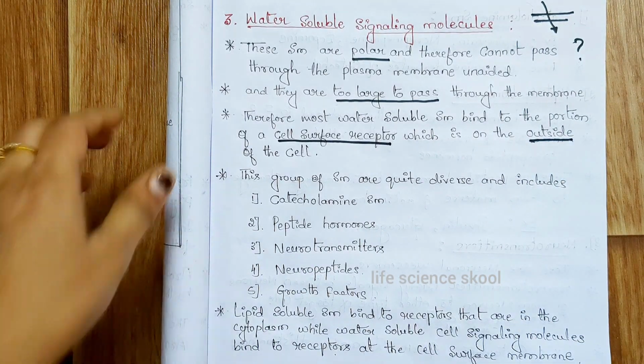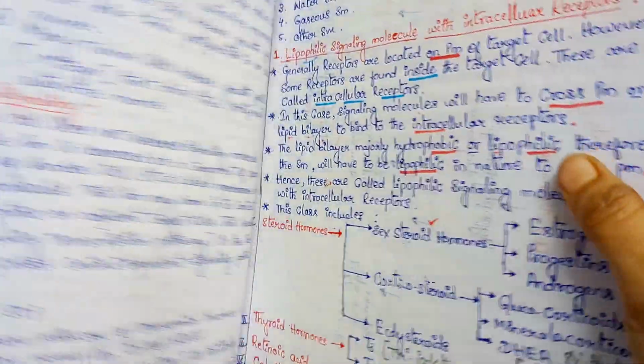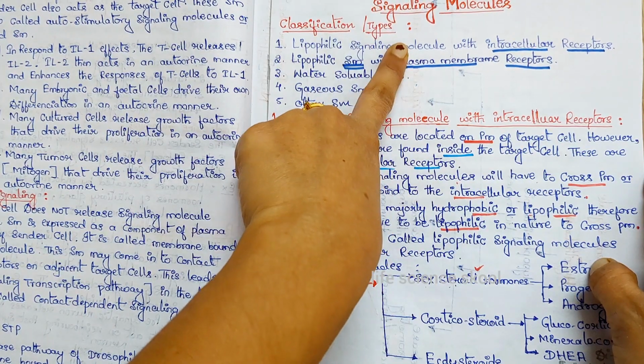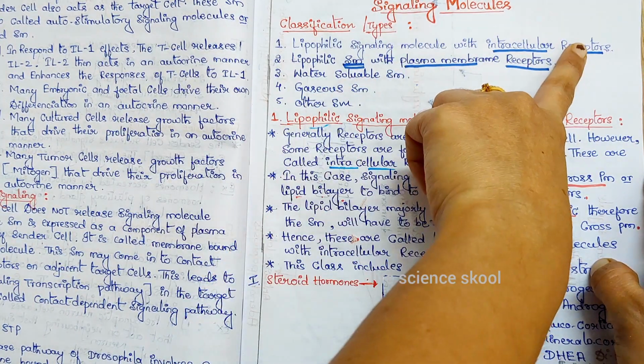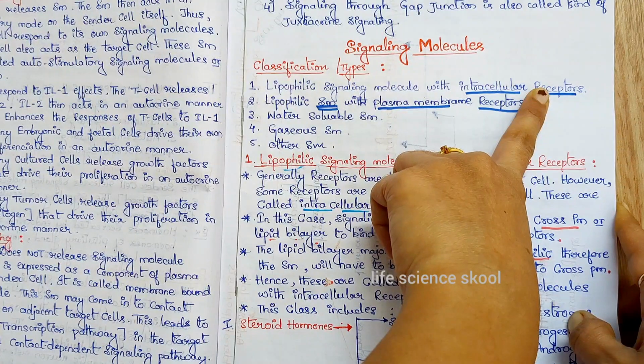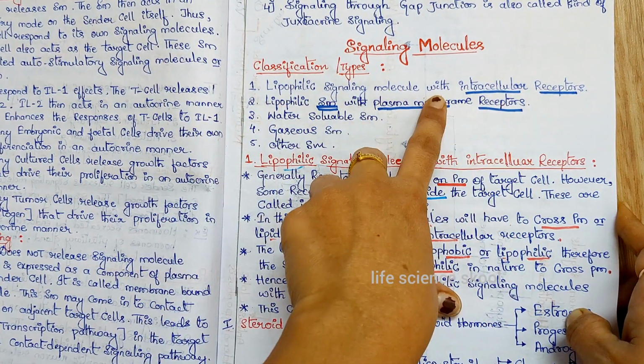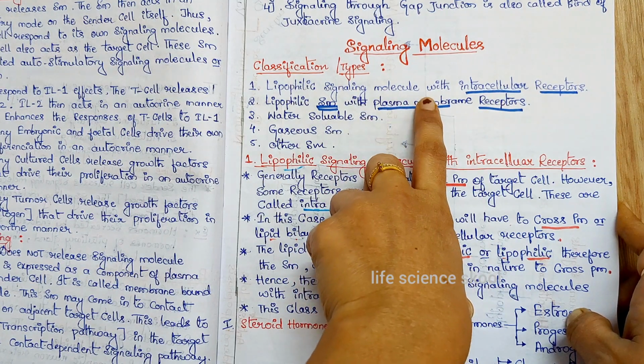In the previous video I mentioned there are different kinds of signaling molecules. Lipophilic signaling molecules have intracellular receptors, or plasma membrane receptors present on the plasma membrane.